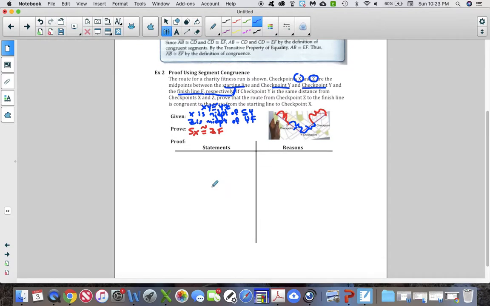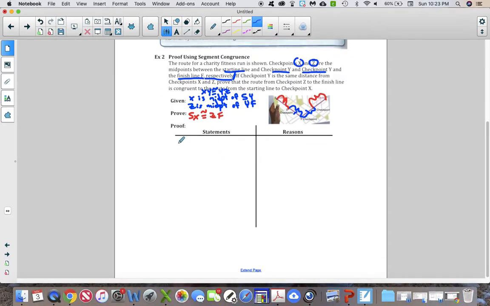We have to start with the given, always. So I'll try to make this go a little bit faster. I am not going to write down all my given at one shot, which is totally legal. I'm going to write down X is the midpoint of SY, and Z is the midpoint of YF.